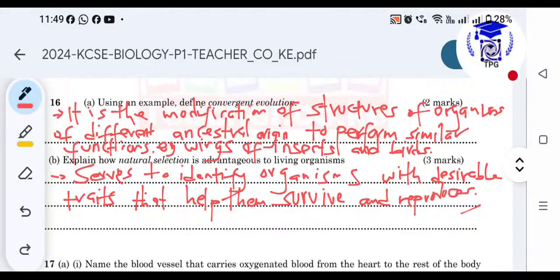It also helps in eliminating organisms with harmful traits.